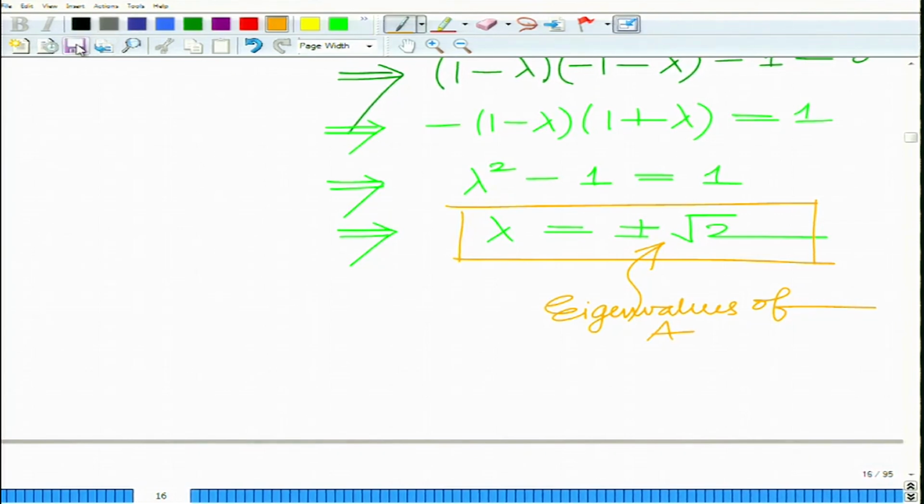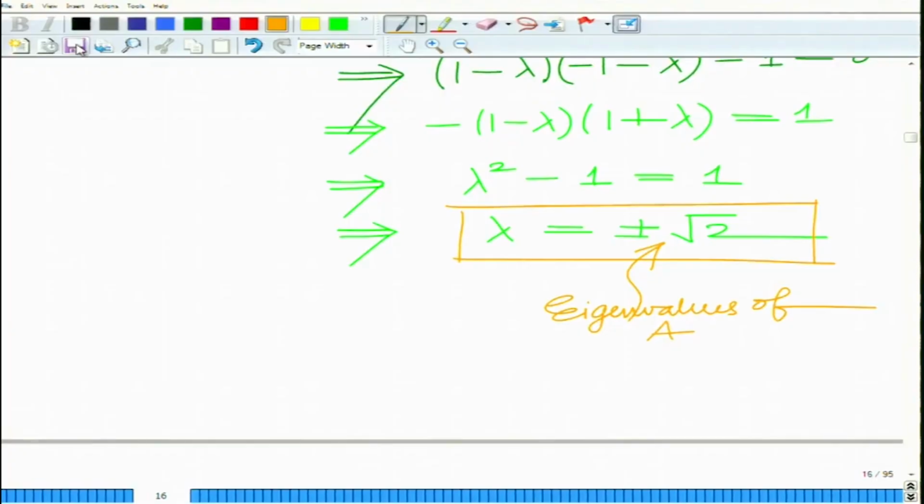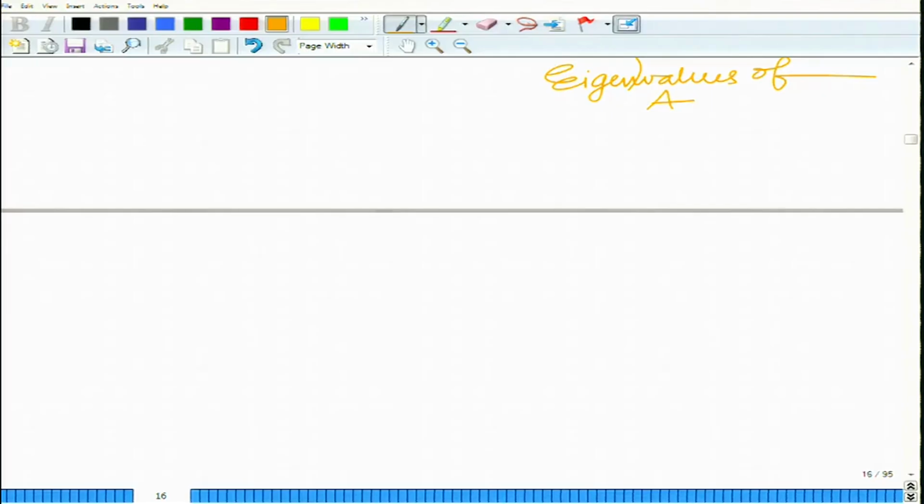Okay, so we have got two eigenvalues, that is lambda equals either plus square root of 2 or minus square root of 2. Now, let us find the corresponding eigenvectors of the matrix A for both these eigenvalues.